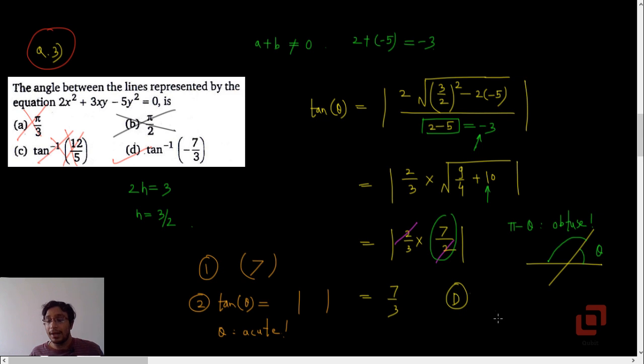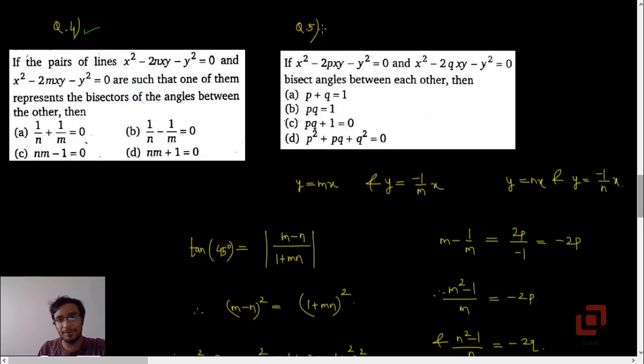Yes. And from the property of allied angles, you know that tan of pi minus theta is minus tan theta, right? And that is why, although for the acute angle theta we have got 7 by 3, for the obtuse angle we will get minus 7 upon 3. Correct? Hence it is option D.